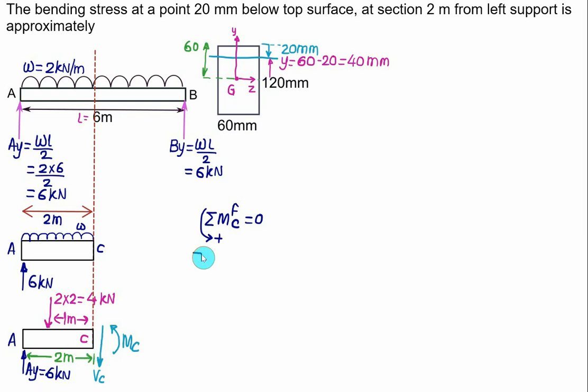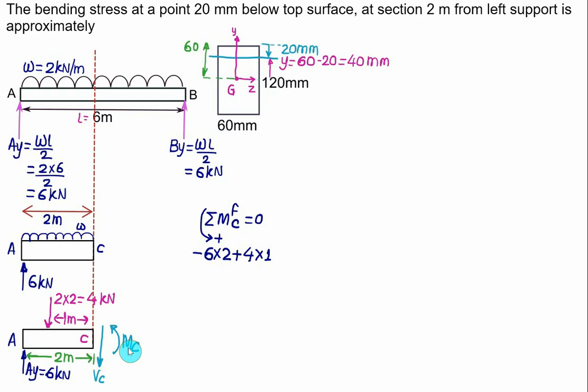AY is equal to 6, and the distance between A and C is equal to 2. So we have 6 into 2. The equivalent load is 4 kilonewton and acts in a downward direction, so that will produce an anti-clockwise moment, which is a positive value. We have force equal to 4 kilonewton and distance equal to 1 meter.